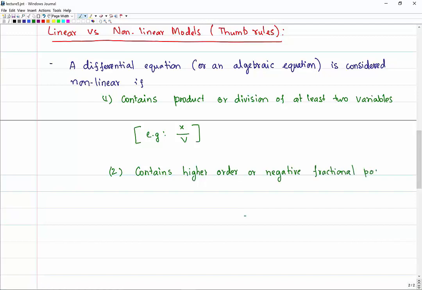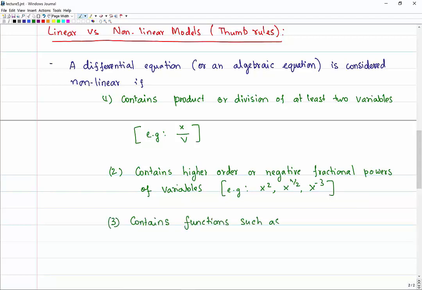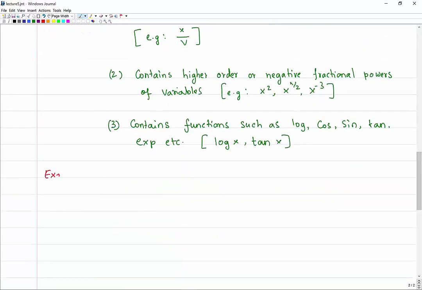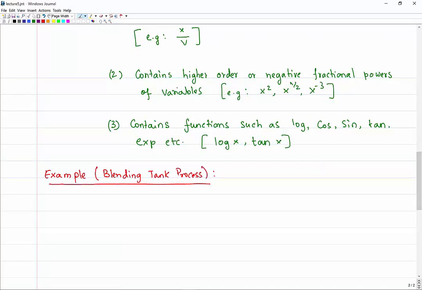Or if it contains higher order, negative, or fractional powers of variables, like x squared, x power half, or x power minus 3. Or it contains functions such as logarithmic functions, trigonometric functions, or exponential functions. All those terms would be considered nonlinear, and hence any differential equation or algebraic equation containing those terms would be considered a nonlinear equation.